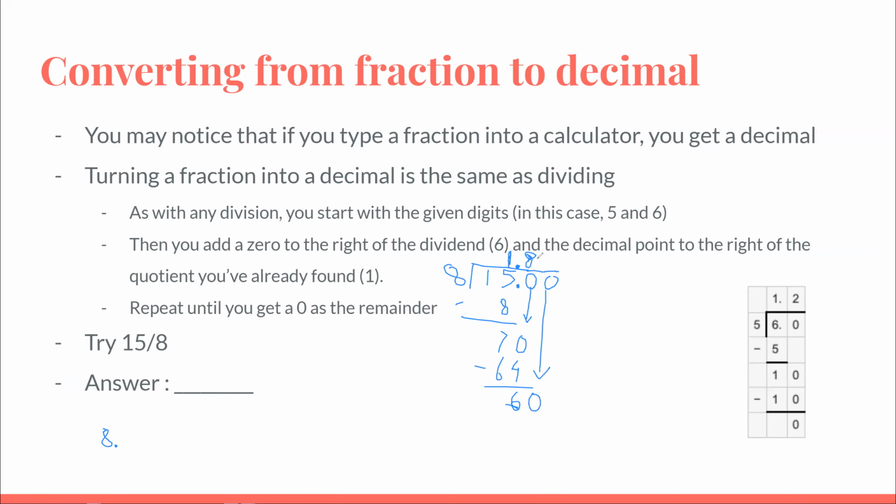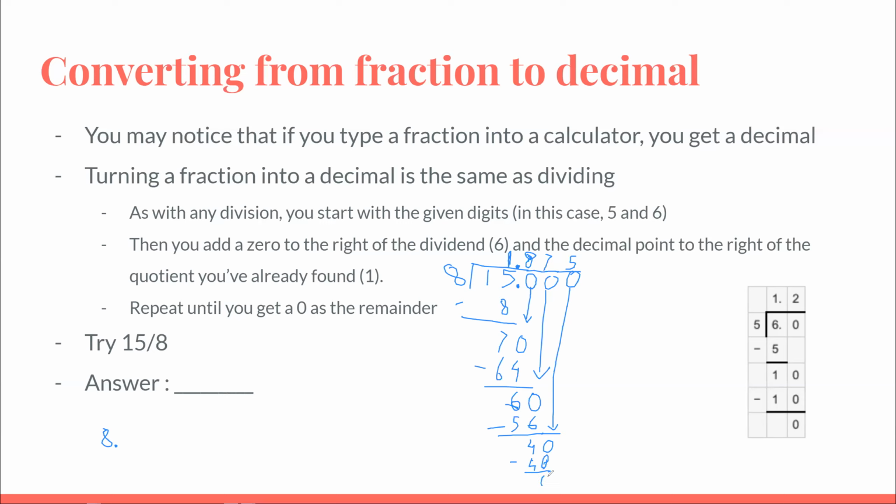Then you multiply 8 times 7 to get 56. Subtract that, and you get 4. Then you add another 0 because we still have not gotten a remainder of 0, so this would be 40. Now 8 times 5 is an exact 40, so now you finally get your remainder as 0.